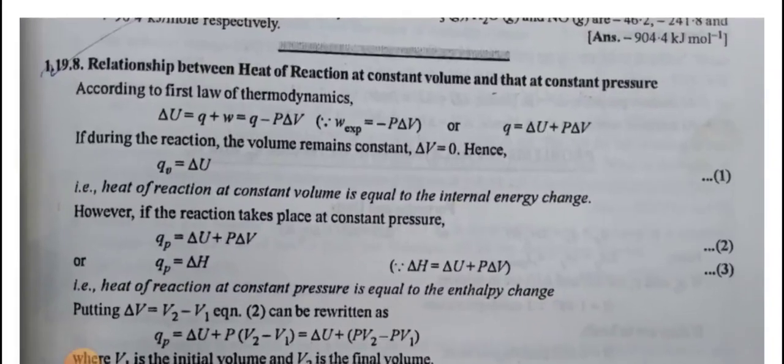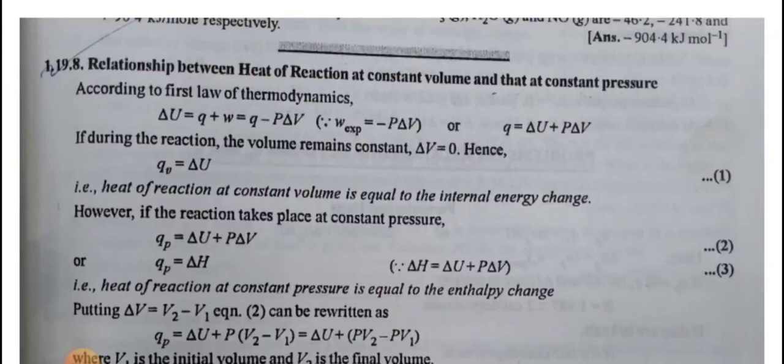Relationship between heat of reaction at constant volume and at constant pressure. According to the first law of thermodynamics, delta U is equal to Q plus W, which is equal to Q minus P delta V, since W is equal to minus P delta V. Or Q is equal to delta U plus P delta V. If during the reaction the volume remains constant, delta V is equal to 0.